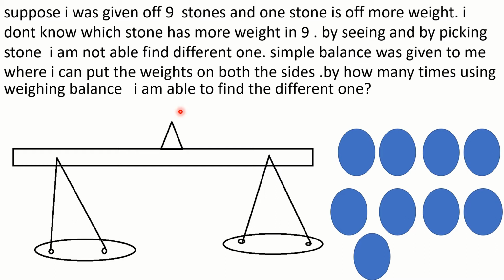Definitely one pan will go down because of overweight. After that, we divide the 2 into 1, and by this you can get the odd one out. So the best case is one weighing; the worst case is 3 weighings to find the odd one out.